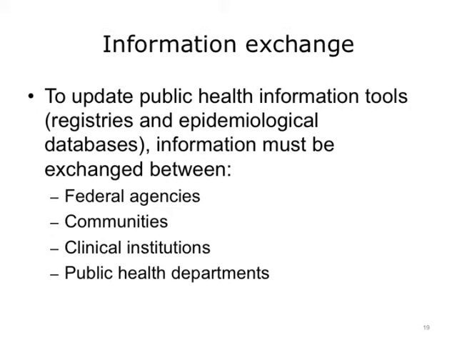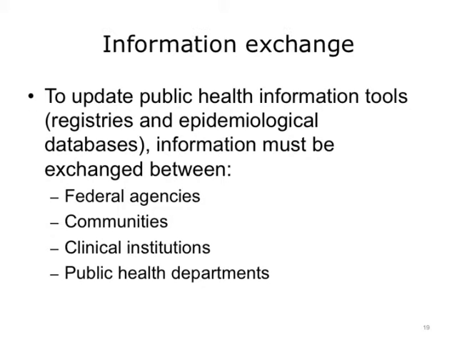Here is a visual representation of the cycle of public health information exchange. These are the many components in the information flow between health institutions. Now there are many other subcomponents that we will see in the next slide, but these organizations represent the main nodes of our information network.